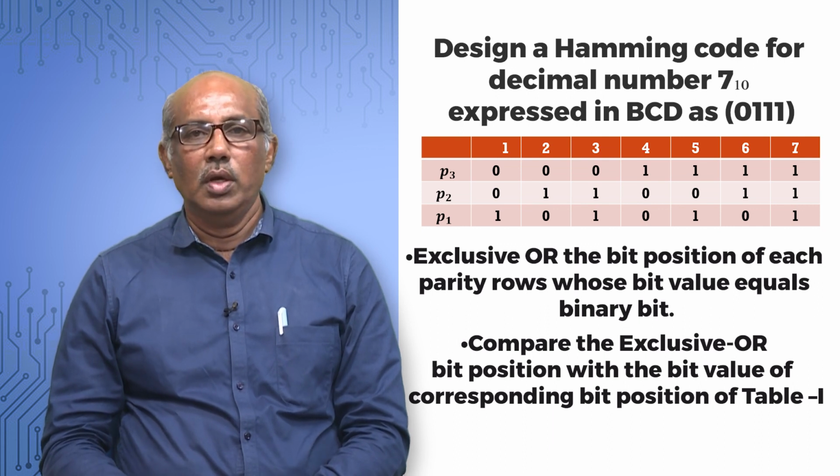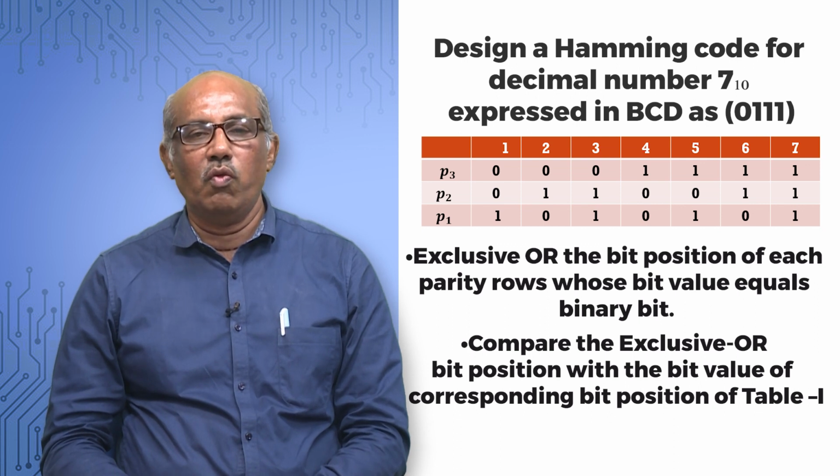Similarly, P2, if we see, it is 2 exclusive OR 3 exclusive OR 6 exclusive OR 7, where position 2 represents the parity bit P2. Therefore, the remaining are 3, 6 and 7. Put the corresponding values, again 0 exclusive OR 1 exclusive OR 1, there is an even number of 1s, therefore the value is 0.